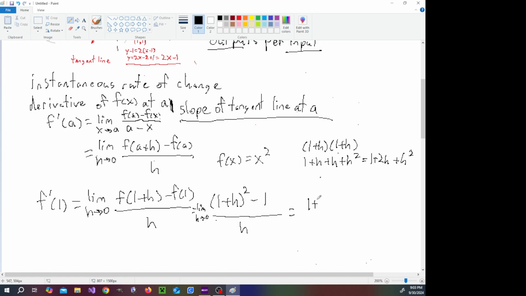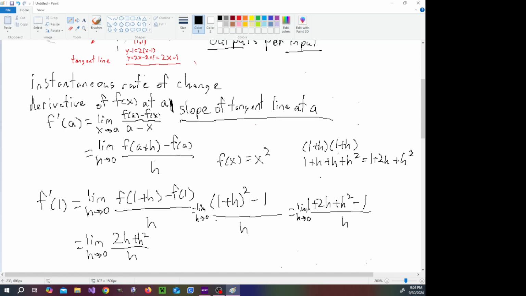So I write 1 plus 2h plus h squared minus 1 all over h, and I keep forgetting to write the limit first. The limit as h goes to 0. Now we can simplify. I have a plus 1 on top and then a minus 1 at the end here. So those are going to cancel and give me 2h plus h squared, and all of this is over h.